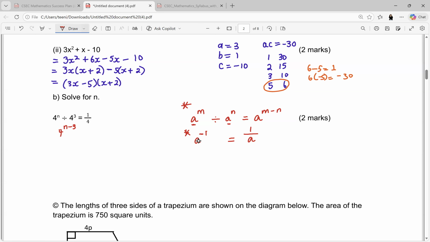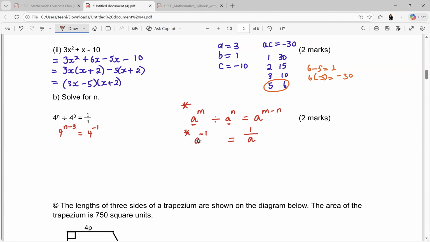And the second thing is that 1 over 4 can be represented as 4 to the power of negative 1. That's based on this second law of indices. Any number a raised to the power of negative 1 is 1 over that number. So 4 to the power of negative 1 is the same as 1/4. Those are the two rules that you have to recall in order to solve for n here.